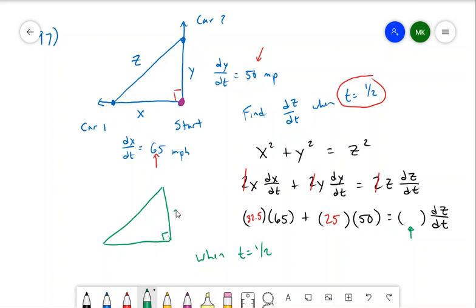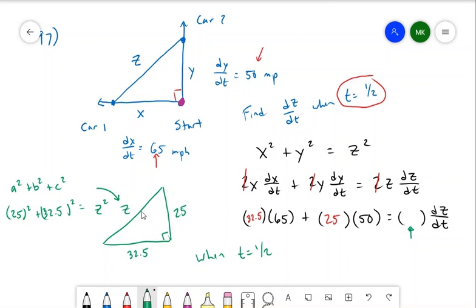We already figured out that y is 25 miles and x is 32.5 miles. We can use the Pythagorean theorem to find what goes here, and that fills in our last blank. So we have 25 squared plus 32.5 squared equals z squared.